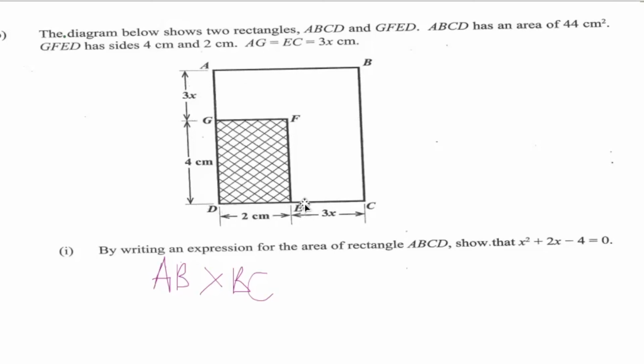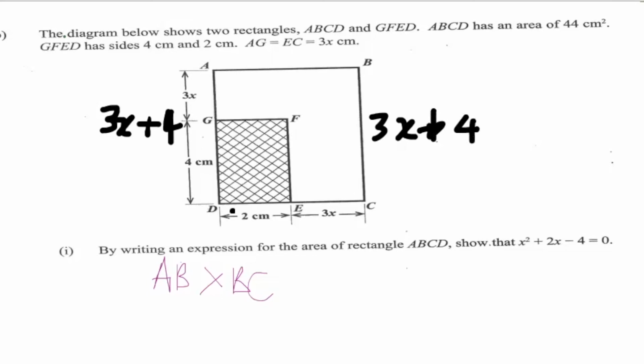Now, BC is the same length as AD. So if GF is 4 centimeters and AG is 3x, then the total length of this is 3x plus 4. So it means this side is also 3x plus 4.